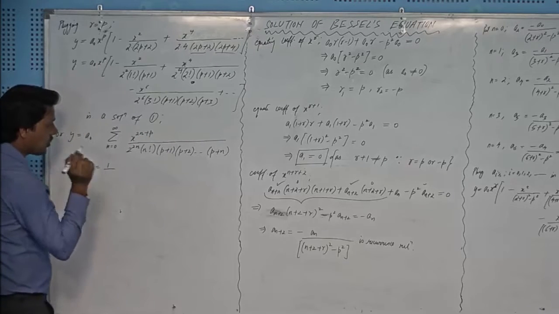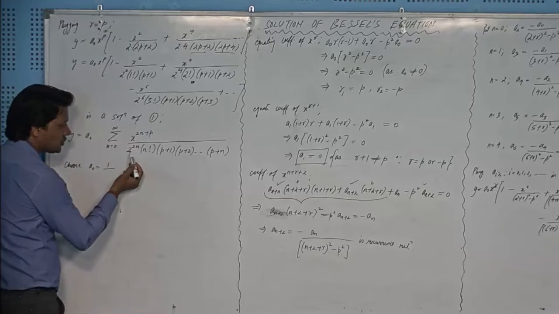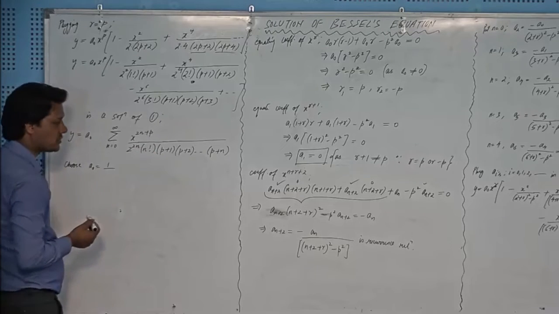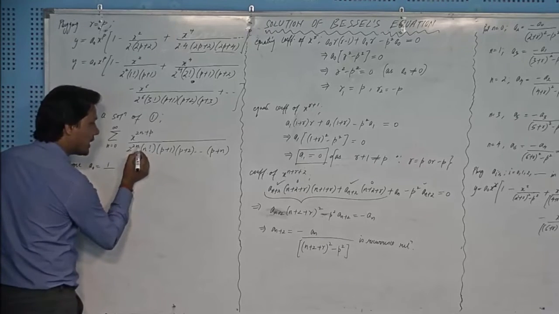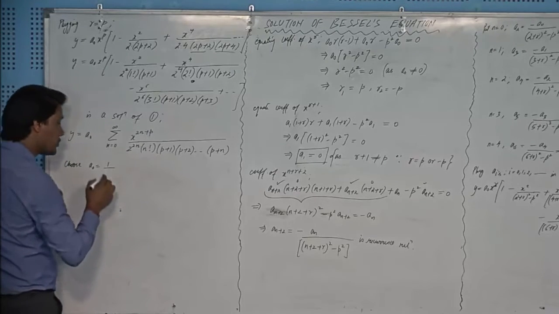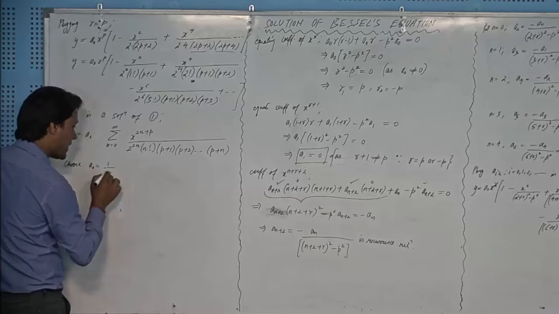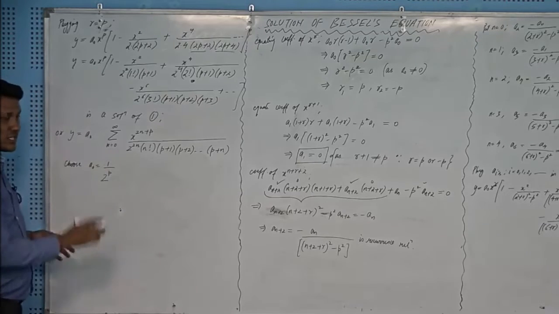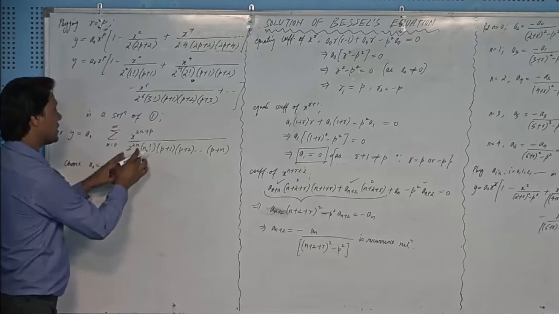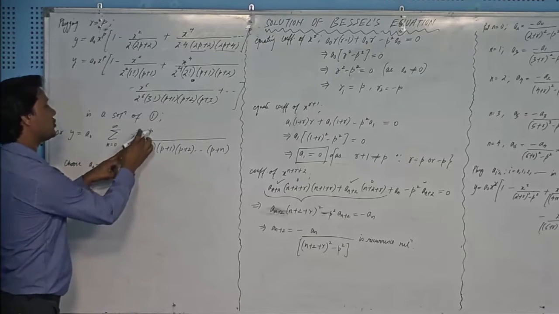You want this 2 to have the same power as this x, so here I should have 2n plus p. The 2 to the power p is missing in the denominator, so I have to balance it and multiply and choose this constant in such a way that I will achieve my goal. I want this to be a single term, x by 2 whole to the power 2n plus p.